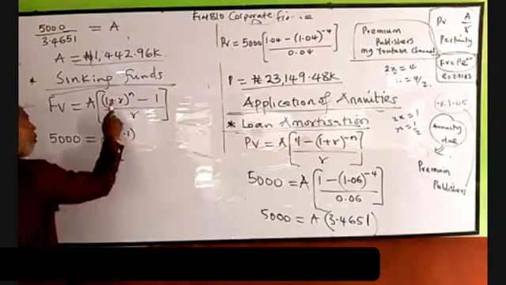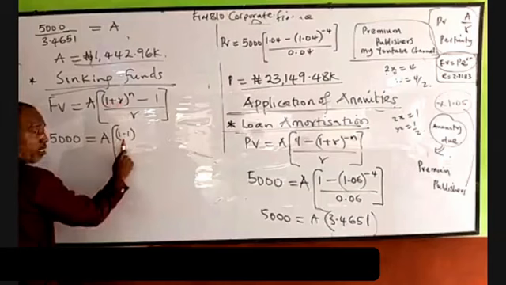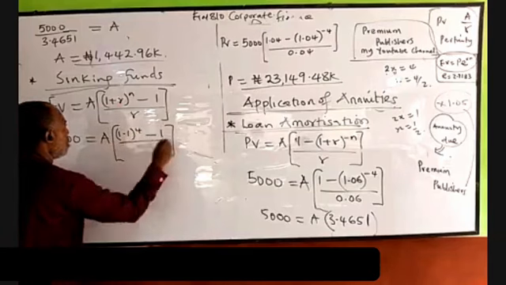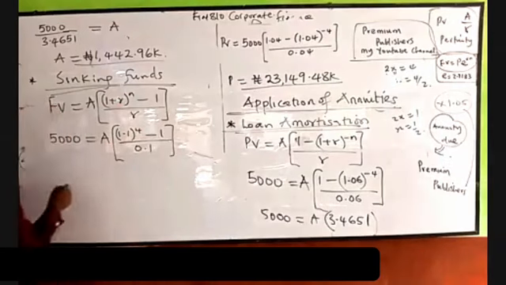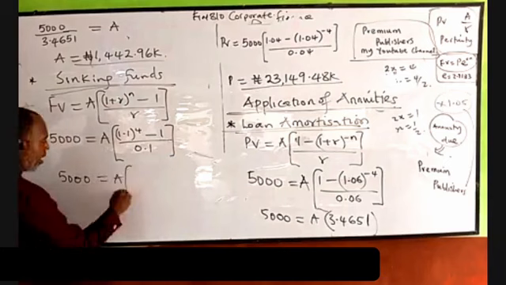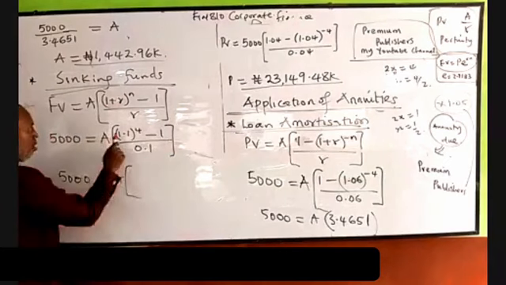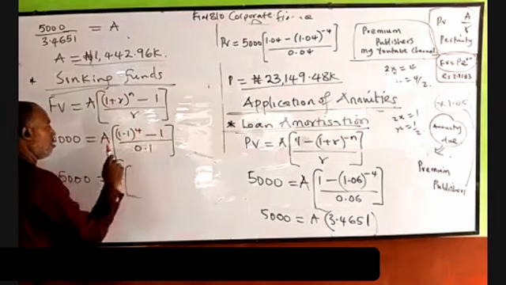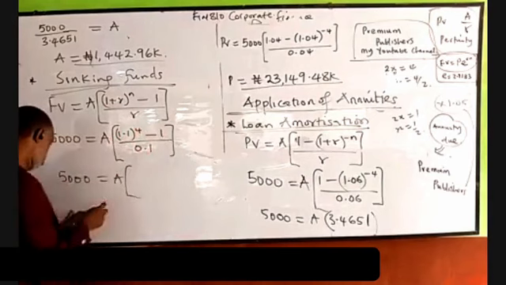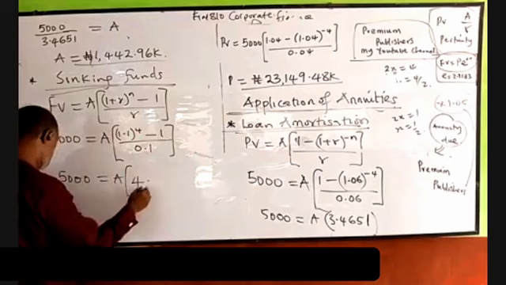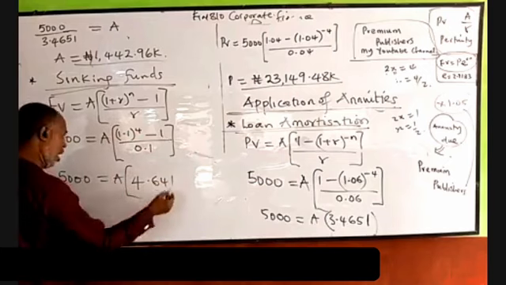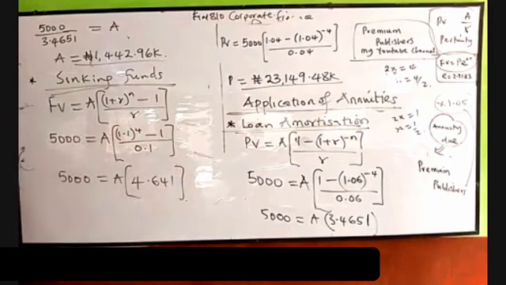So 1 plus 0.1 is 1.1. Number of years is 4, minus 1, all over 0.1. This is just 5,000, this is our A as usual. 1.1 raised to power 4 minus 1 divided by 0.1 should give us 4.641. We can leave it at 3 decimals for now.